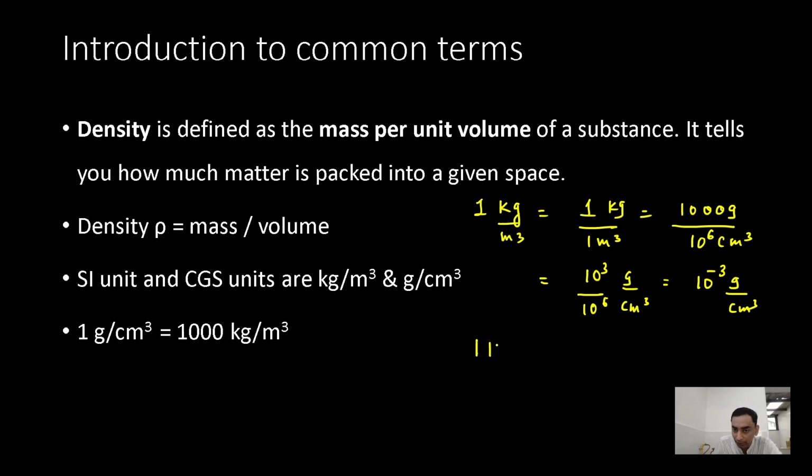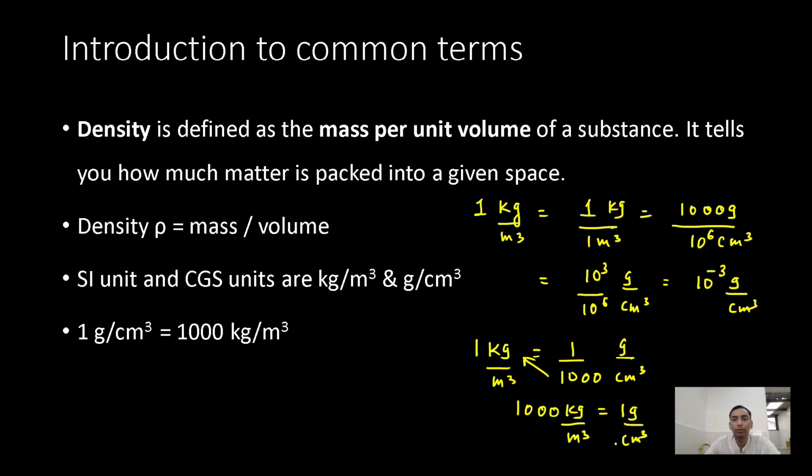So we started with 1 kg per meter cube, that is equal to 1 upon 10 raised to 3, or 1 upon 1000 grams per centimeter cube. This 1000 goes on the other side, so 1 into 1000 is 1000, so 1000 kg per meter cube is equal to 1 gram per centimeter cube. This is how we can convert it.